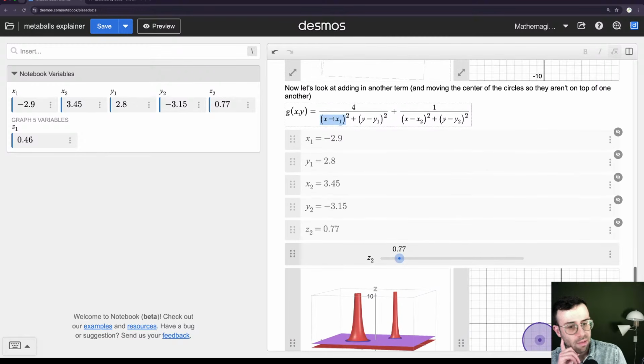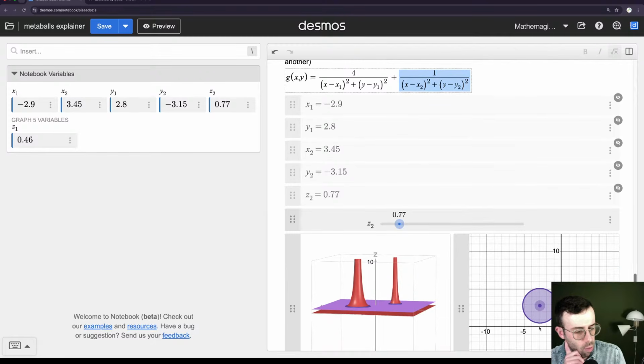Then we will have this being really, really small, and 4 divided by a really small number is going to be a huge number, and this part won't affect it too much.